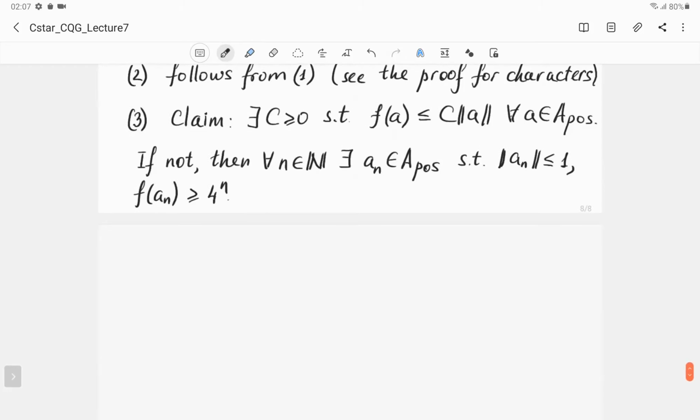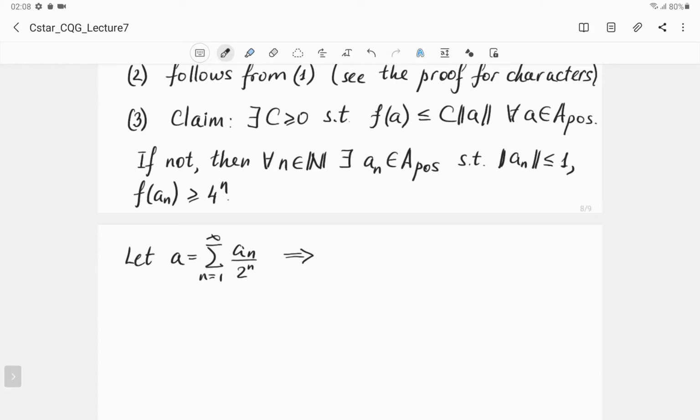And let's now look at the following element. Let little a be the sum of A_n divided by 2 to the power n. Well, first of all, this series converges because A_n is in the unit ball. Now, since our functional F is positive, it is monotone.